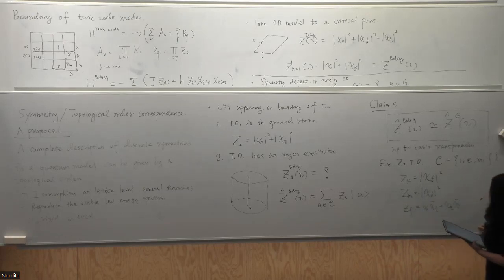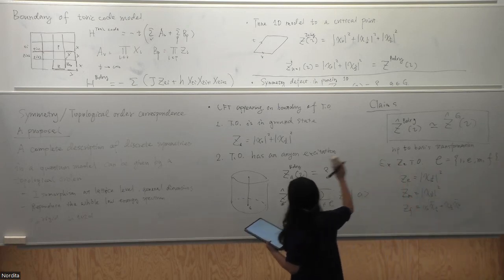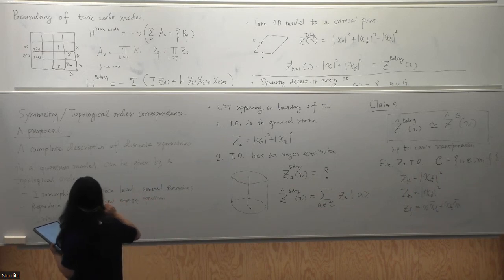Then there's a basis transformation that can translate this vector to the Ising model with the symmetry twist.